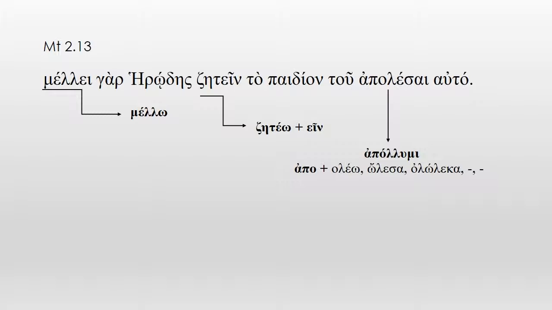I will to do something. I'm about to do something. It naturally requires, excuse me, an infinitive. We have zidin from the zideo, and with the ending the aorist, the in. Zidin is an infinitive that's required by melo.